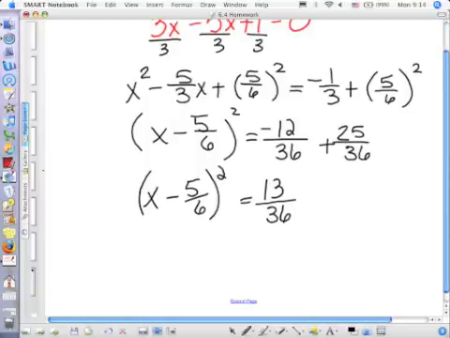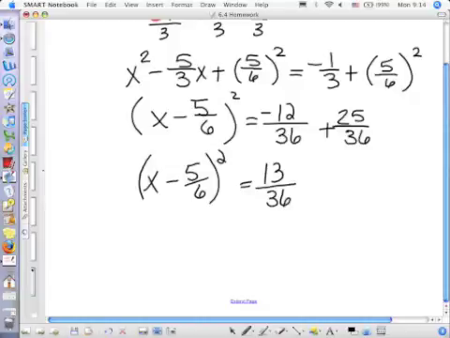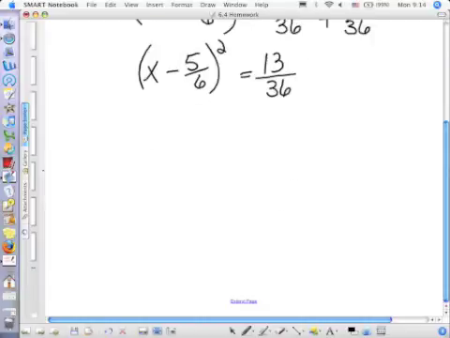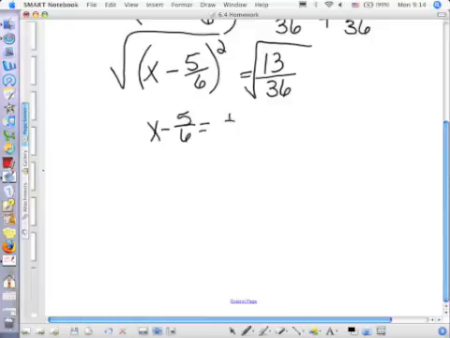From here, the steps are identical every single time. Take the square root of both sides, plus or minus. Can you reduce the square root of 13? No. Can you reduce the square root of 36? Yes.